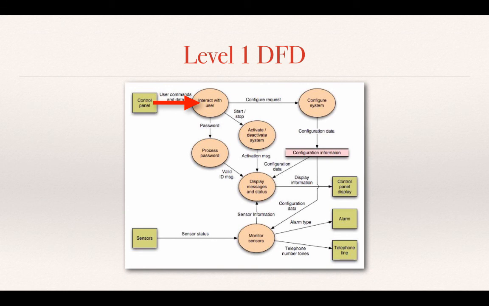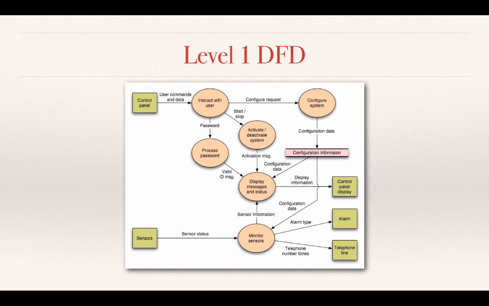The information goes through the process interact with user. It's determined that a password has been entered, so the password information is sent to the process password process. That process sends its result to the display messages and status process, which then sends the information to the control panel display.